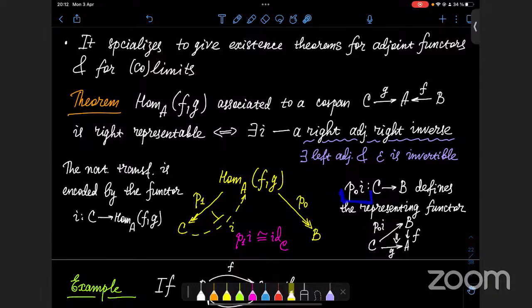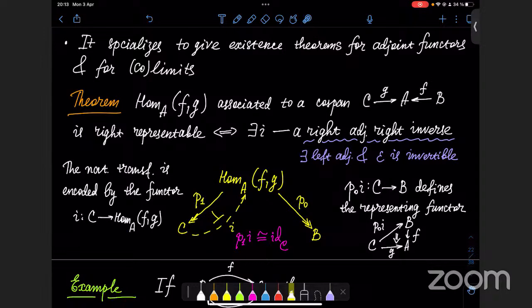And moreover, this composite P0I defines the representing functor. So you have the following triangle diagram here. So this is a usual cospan, which we have from the conditions, and then the map from C to B is P0I, and the natural 2-cell is induced by the functor I from C to hom FG.